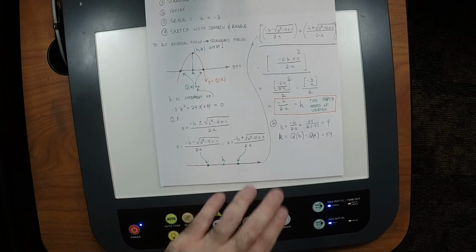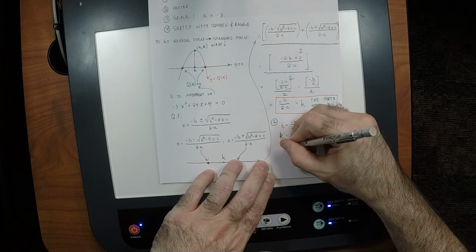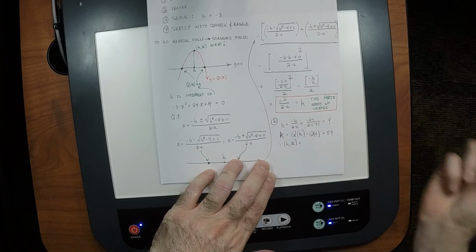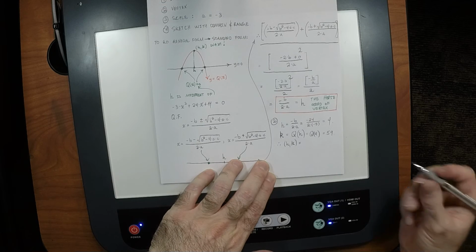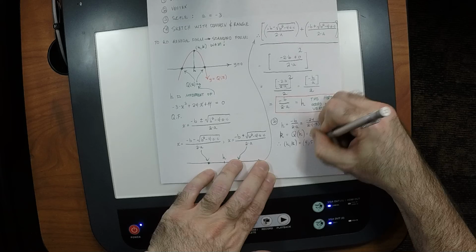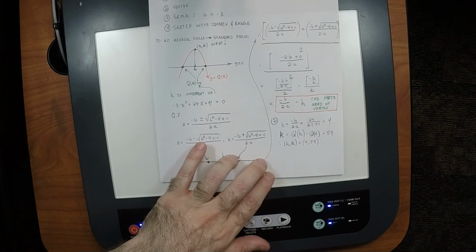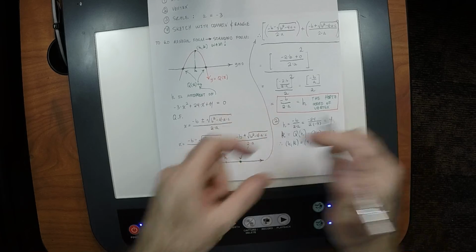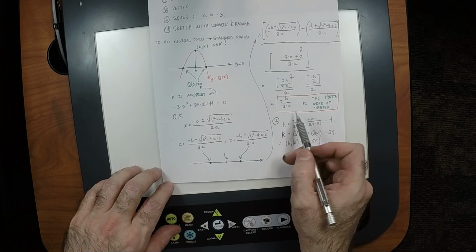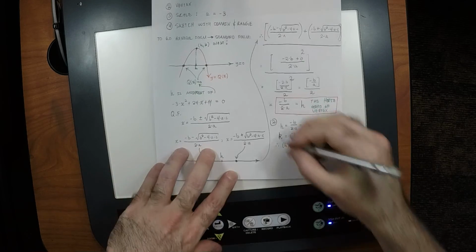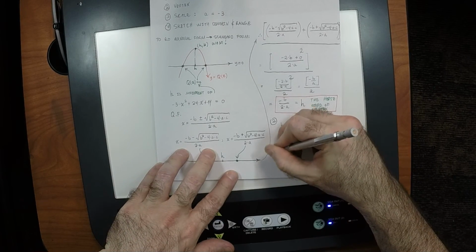We can say that therefore (h, k) is what? (4, 59). So to be clear, the work that's actually for this exercise is that right there. That's the work. This other stuff is the formula, and this is the reason why that's the formula. So now we can answer number 1, in fact.